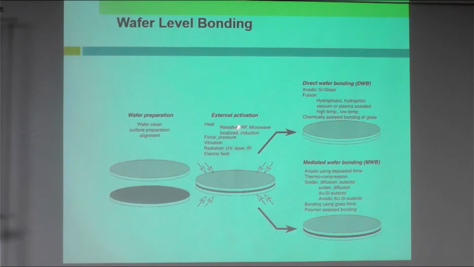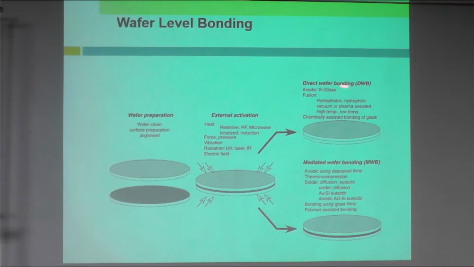Then with external activation, for example, you use heat and RF, and you use force, or you use vibration, or you use EV in order to bond. Maybe if you have a certain adhesive or certain brazing, etc.